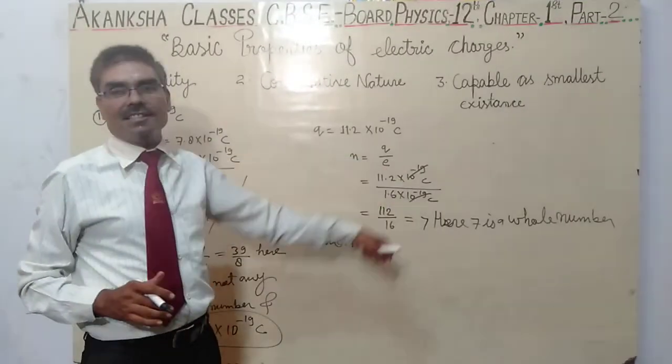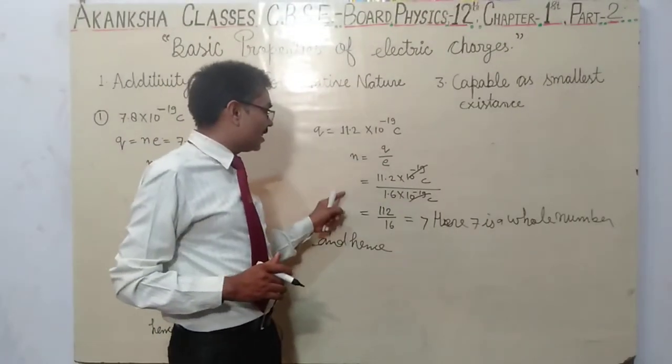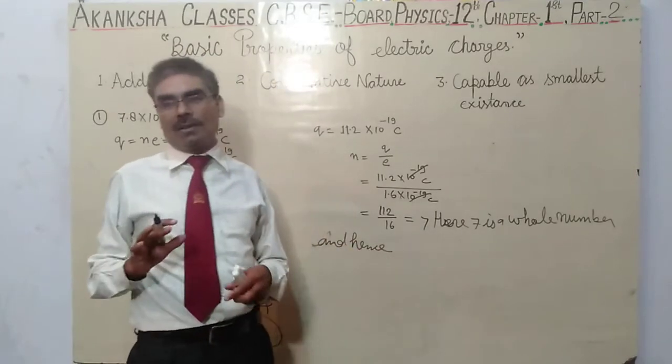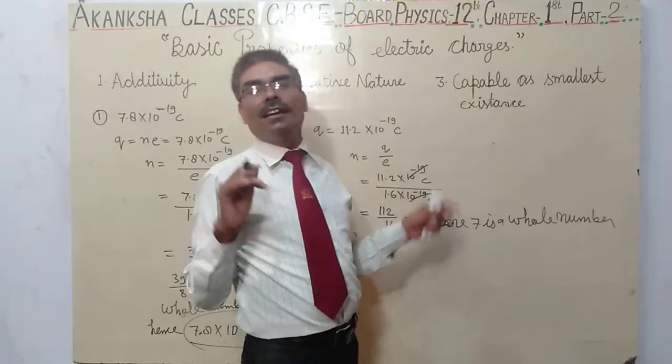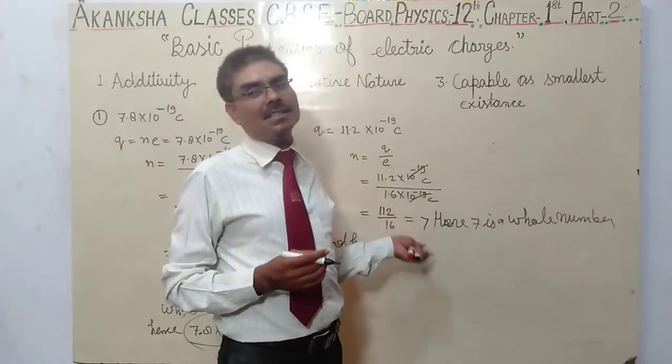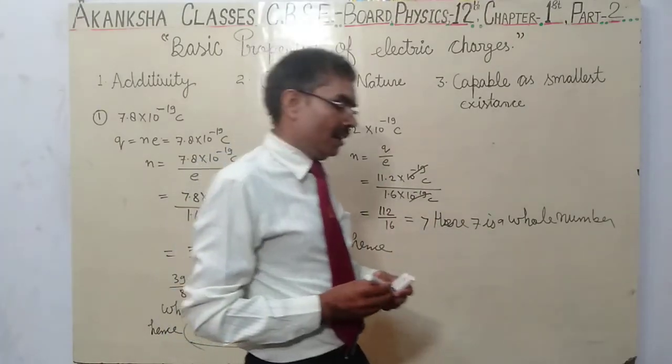This charge can exist because the number of electrons is 7, which is a whole number. Now we understood completely how we check whether a given charge can exist or not.